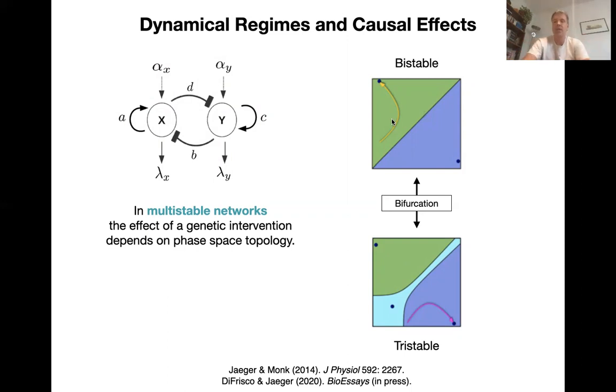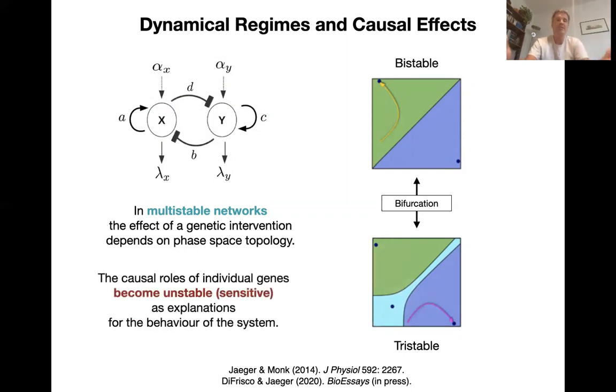So it depends on the genetic background. We'll get back to that when we talk about epistasis and evolution. This is quite straightforward. But what this means for the gene as difference maker account is that the causal roles of individual genes become unstable at this level, because they become sensitive to the state of the whole network, basically. So as explanations, they are no longer stable explanations for the behavior of the whole system.